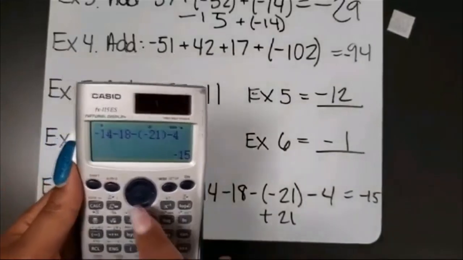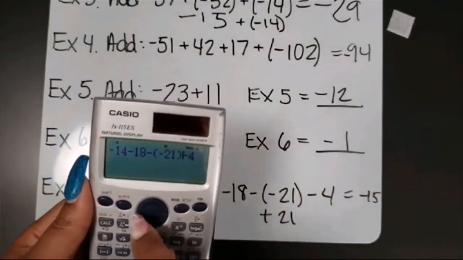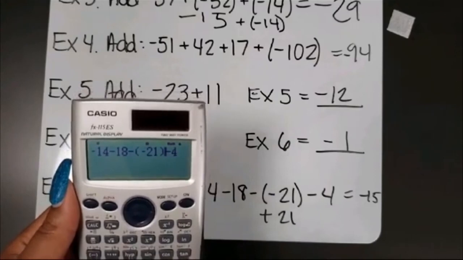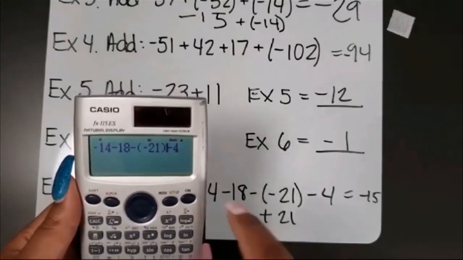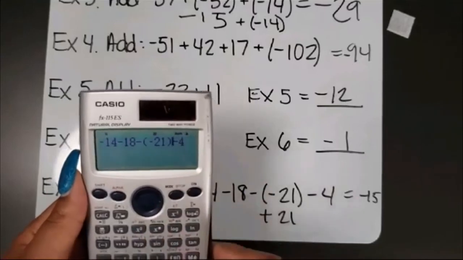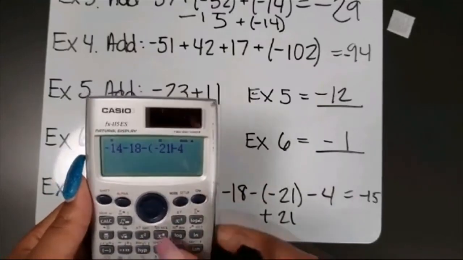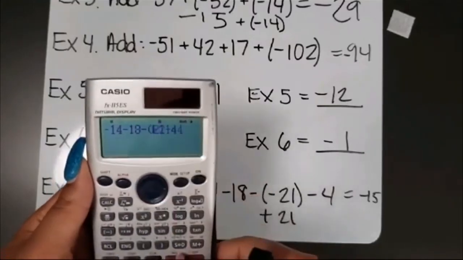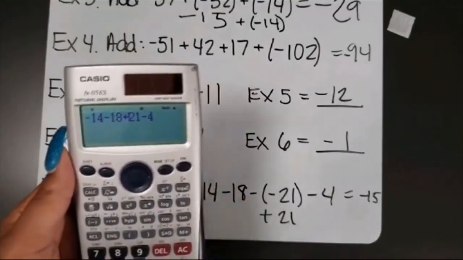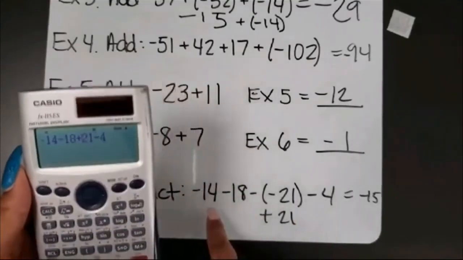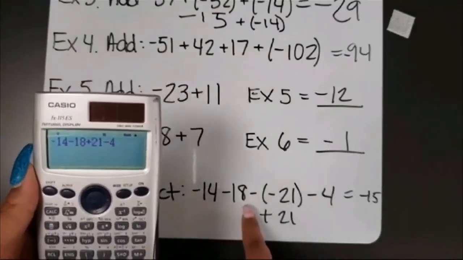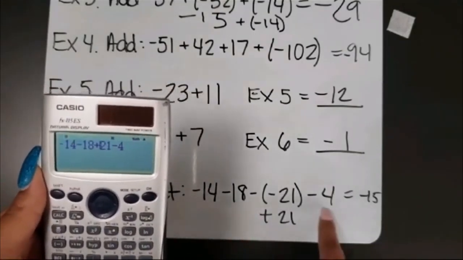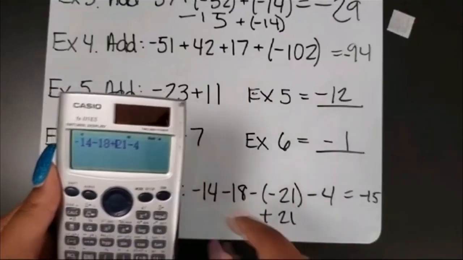All right. So now I'm going to redo this, and I'm going to put plus 21. All right. So we have negative 14 minus 18 plus 21 minus 4.